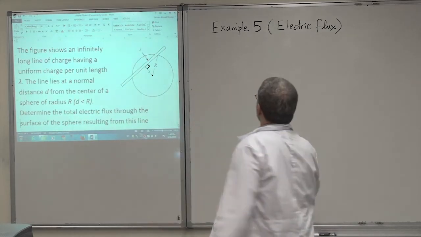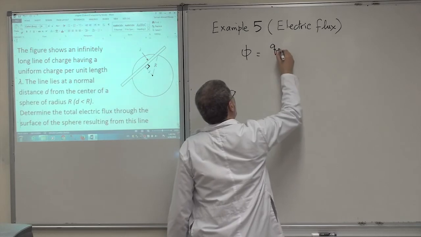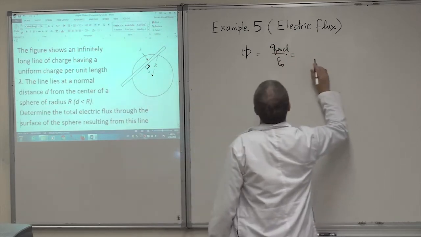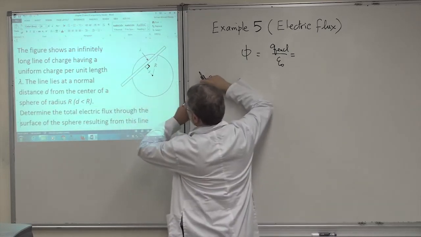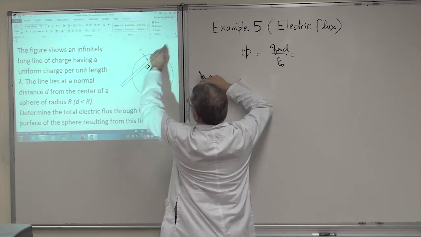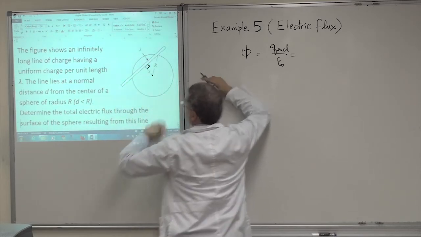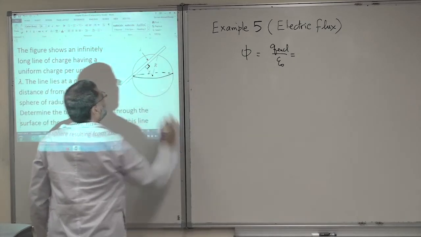You want the flux. So the flux again is Q enclosed over epsilon 0. What is the charge enclosed? Look at this. The only part of the charge which is enclosed is this part here, because this charge here and this charge here are outside this Gaussian surface. This is a sphere, three-dimensional.